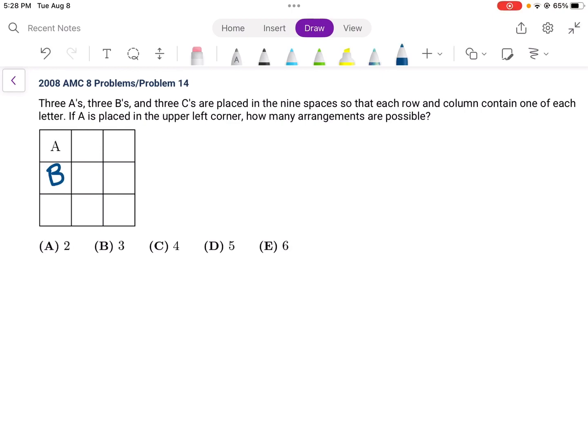That's 2 choices for B. Similarly, in the first row, because A is fixed, we also have 2 choices to put B, either in the second space in the first row or in the third space. So that's 2 multiplied by 2 equals 4 choices.